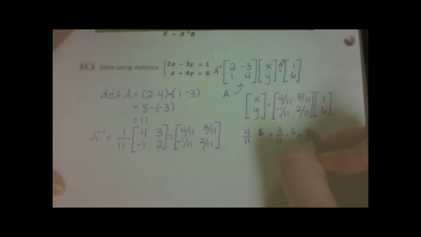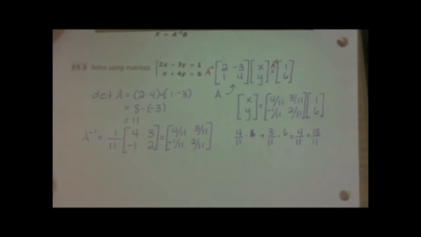That gives me 4/11 plus 18/11 equals 22/11 equals 2. All right?